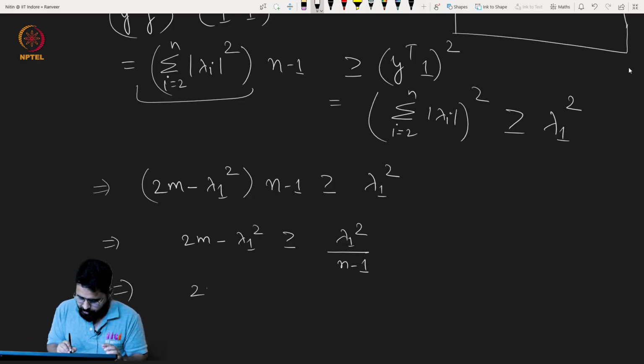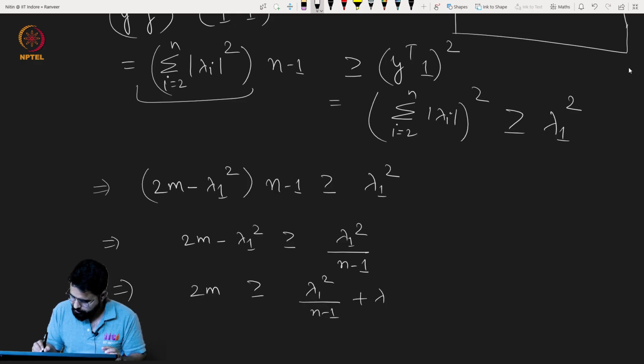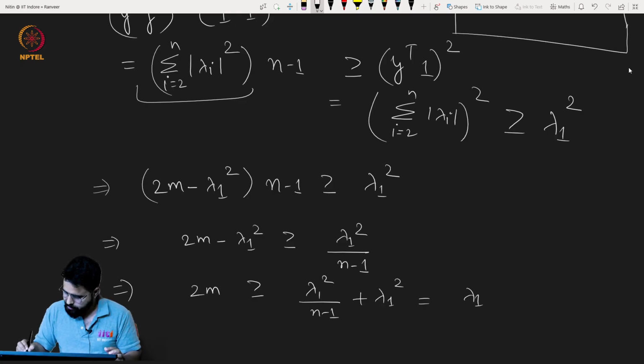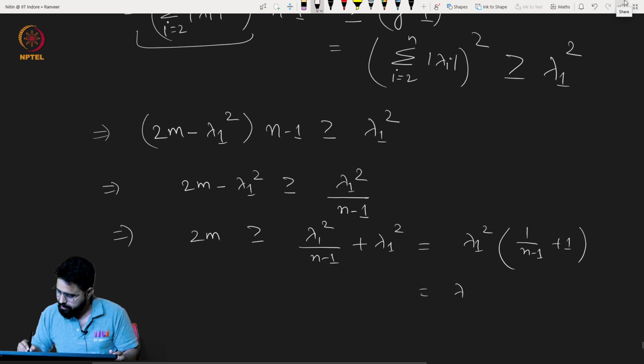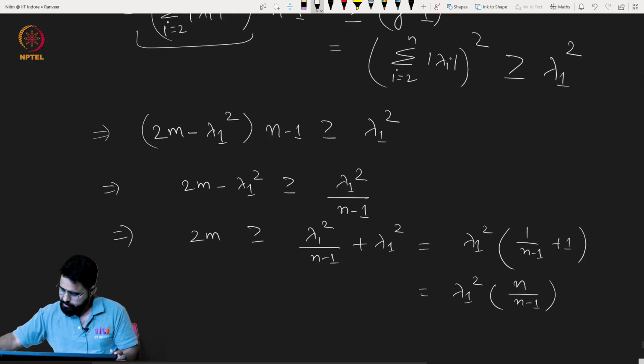So further means greater or equal to lambda 1 n minus 1. So basic stuff. Yeah, equal to lambda 1 square, then 1 minus plus 1. Now it is clear. Yeah, so this is indeed equal to lambda 1 square. You add this, so this n divided by n minus 1. Okay, and then it is clear, right?